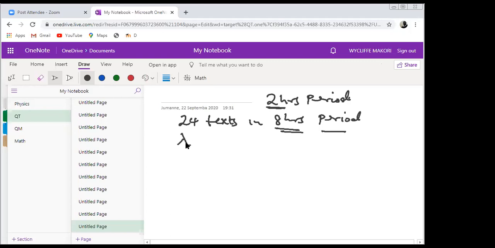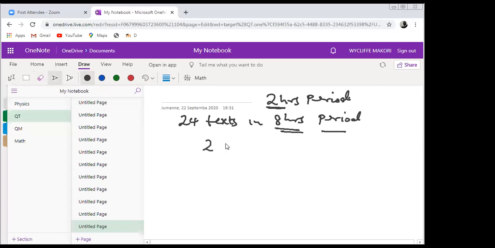If 7 were being received in 2 hours, how many messages are we supposed to receive in 8 hours at that rate?